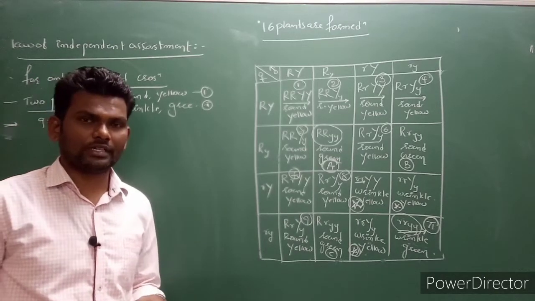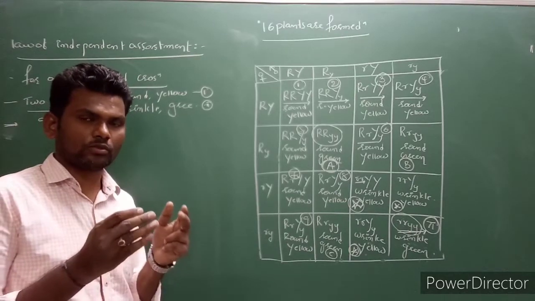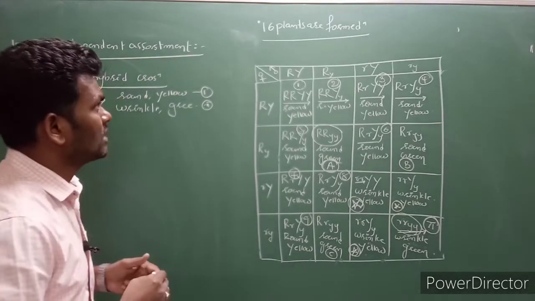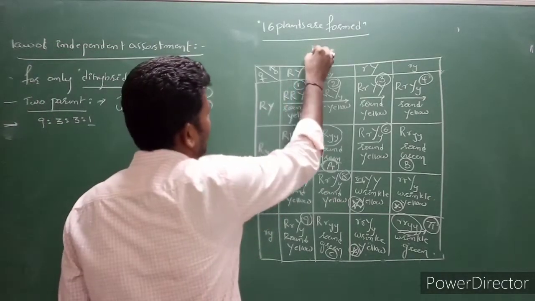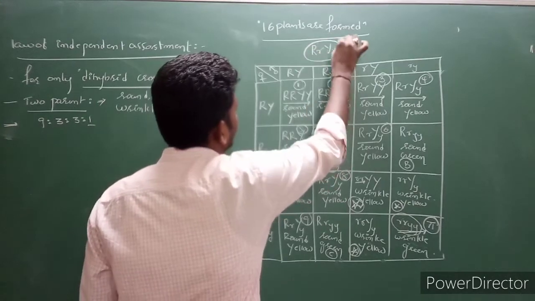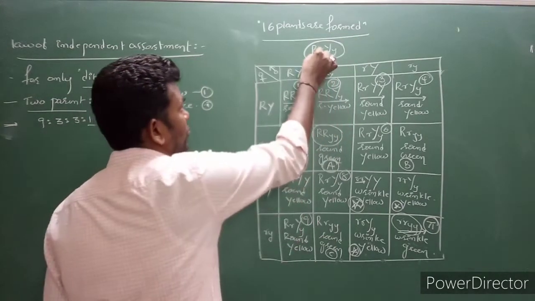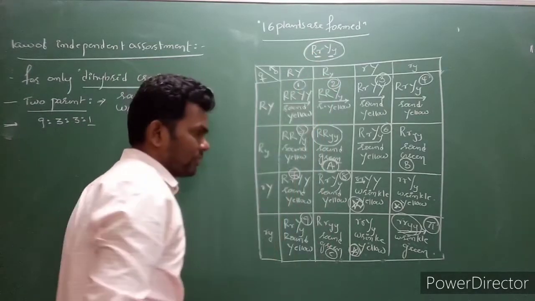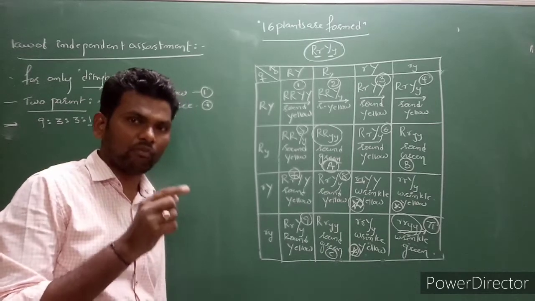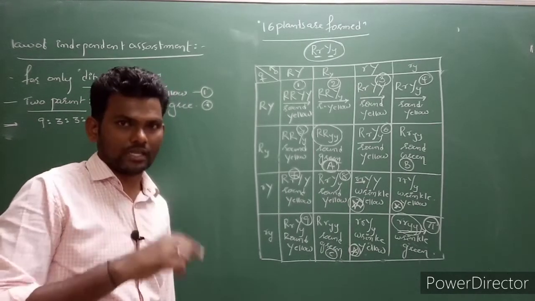The law of independent assortment tells that if one hybrid is containing two pairs of characters, two genes are there in one hybrid. For example, the hybrid is capital R, small r, capital Y and small y. So this is one hybrid. It contains two pairs of characters, temporarily present with one allele, but they do not influence each other.